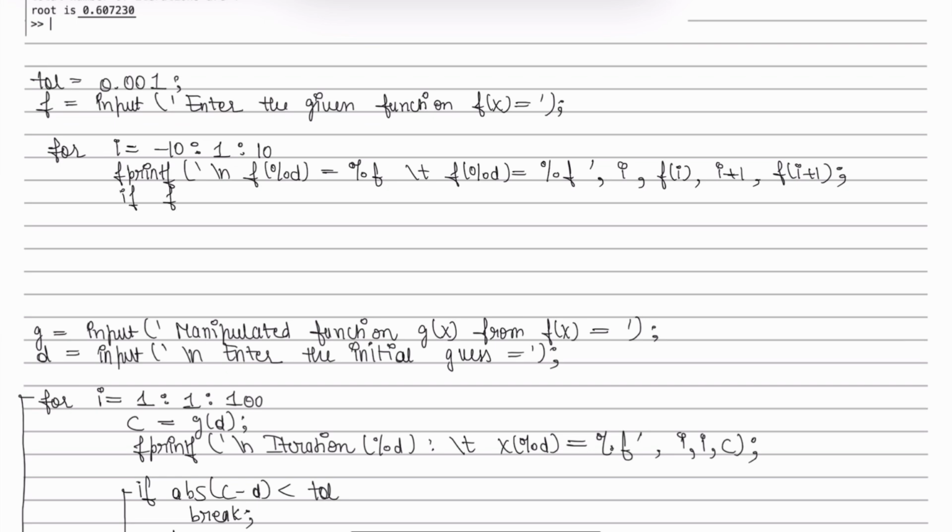If the intermediate value property is satisfied between f of I and f of I plus 1, then we will print the root of the equation lies in the interval I and I plus 1.